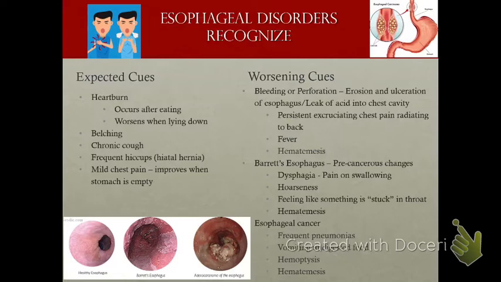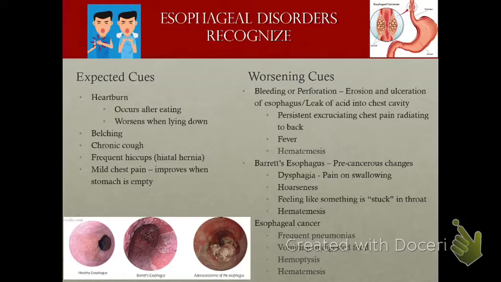So when I say esophageal disorders, I am talking about GERD, hiatal hernia, Barrett's esophagus, and esophageal cancer. You can see that I put Barrett's esophagus and esophageal cancer as the worsening conditions of GERD or hiatal hernia, because they don't happen unless you don't treat your GERD or hiatal hernia.